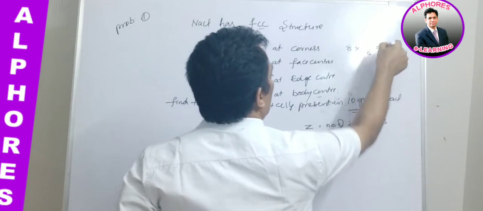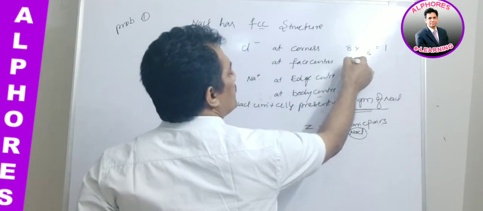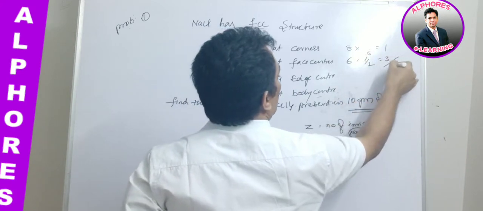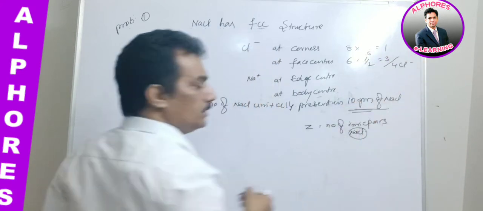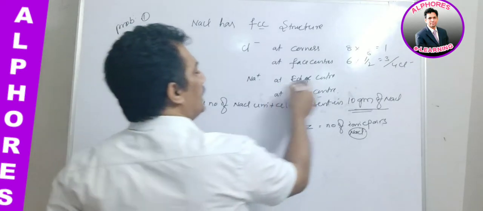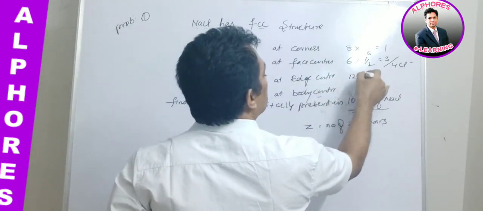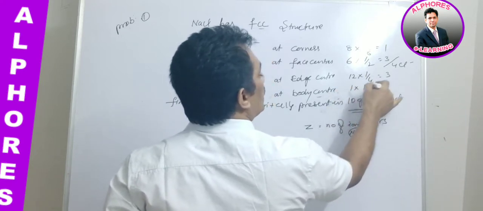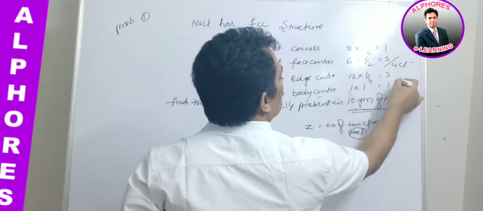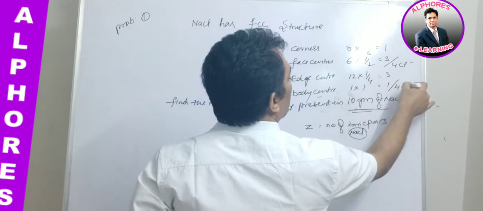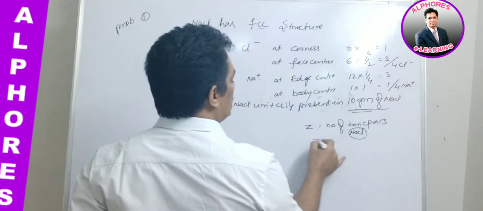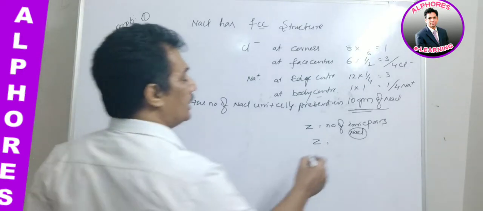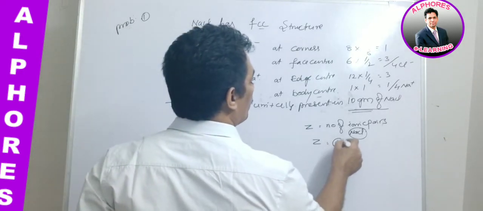So totally it is 1. At face centers there are 6, each contributing 1 by 2, which is 3. Totally 4 chloride ions are present. Similarly for Na+, 12 edge centers, each contributing 1 by 4, gives 3, and one body center contributes 1, so totally it is also 4 Na+. That means the Z factor, the number of ionic pairs per unit cell, is 4.